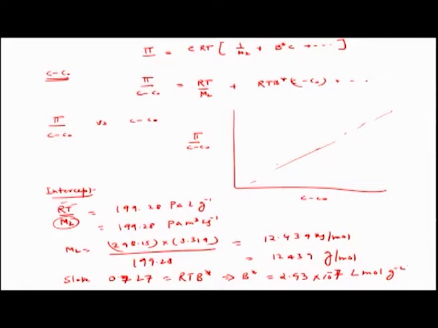B2 is a coefficient which gives you an idea about the interactions, whether interactions are effectively attractive or repulsive. So, now you have data, you have calculated your molecular weight. Now, the question is, what is the number of molecules in the aggregate?